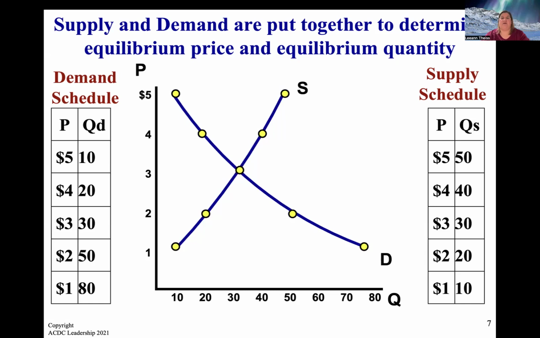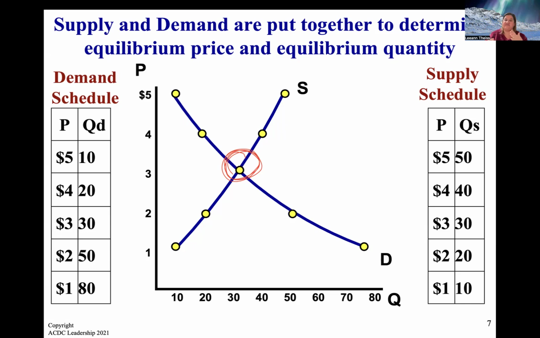What we want is this point right here. How do we know what the right price and the right quantity are? The solution lies where they intersect. We call that our equilibrium point, equilibrium price, and equilibrium quantity.